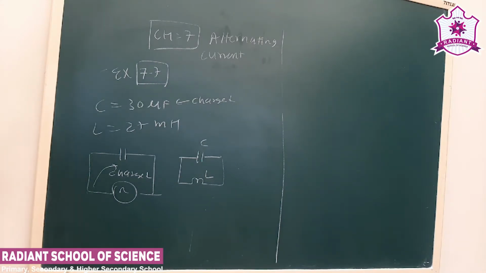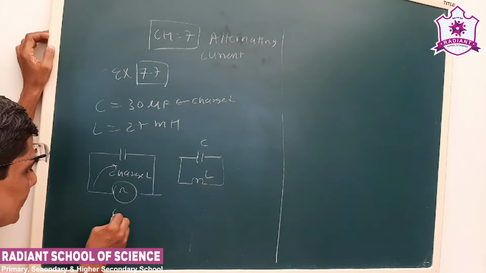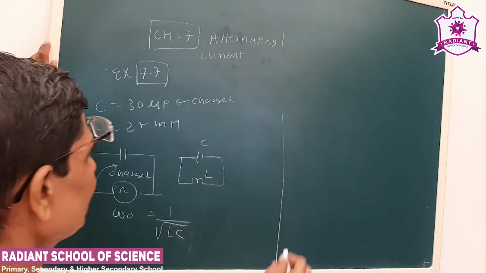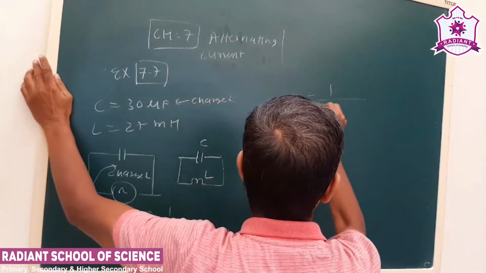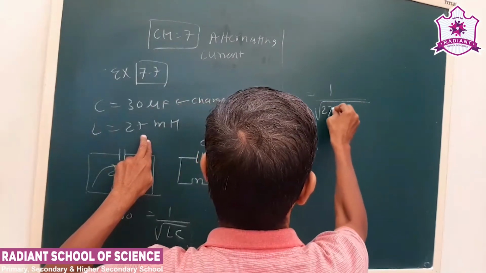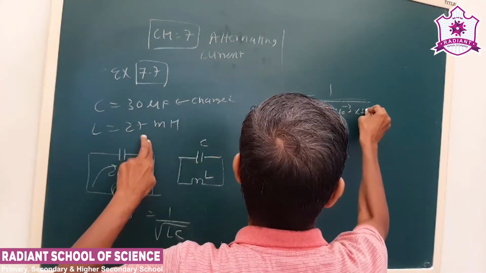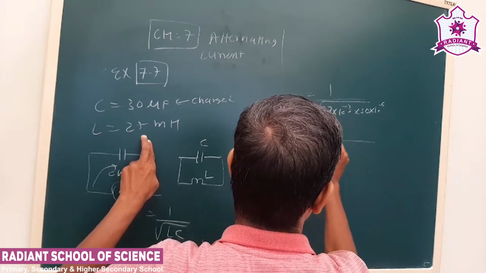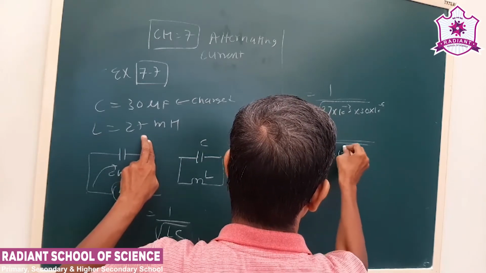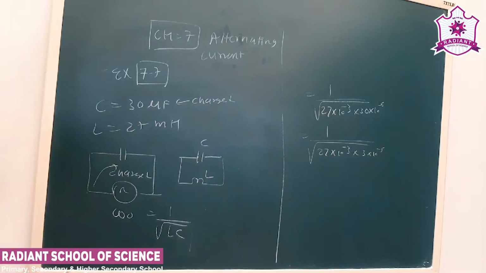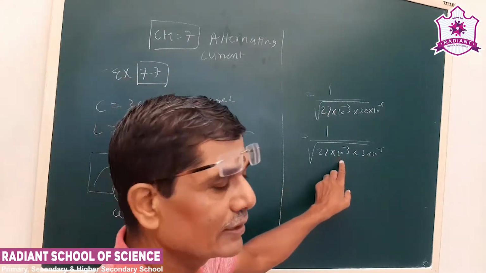We have to find out the angular frequency of the LC oscillation. Omega 0 is 1 upon root LC. Now we can substitute the values. 27 into 10 to the minus 3 we can write as 3 into 10 to the minus 5, because whenever we have a square root, we should have an even power.